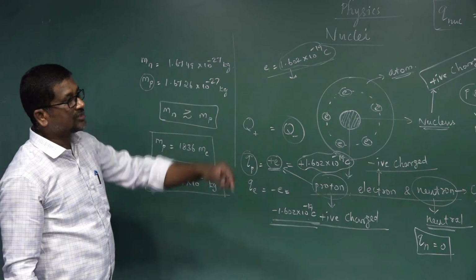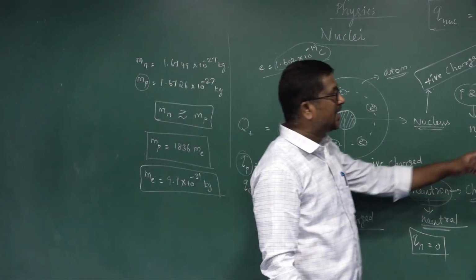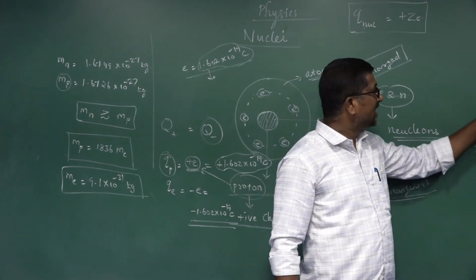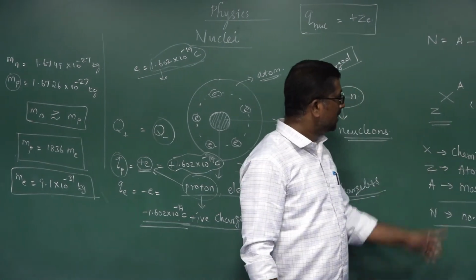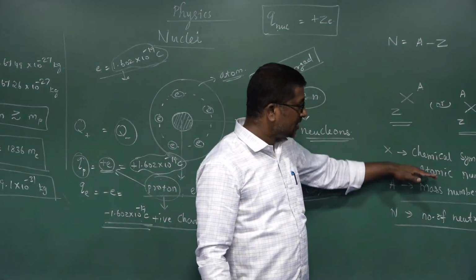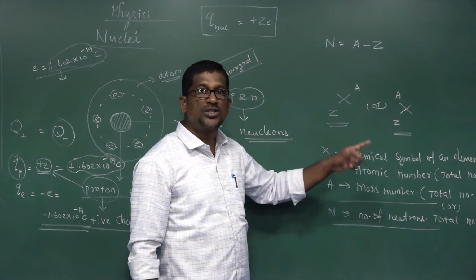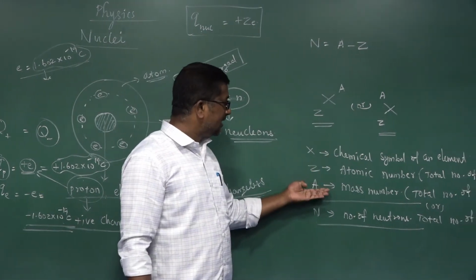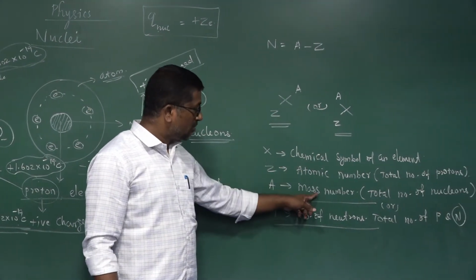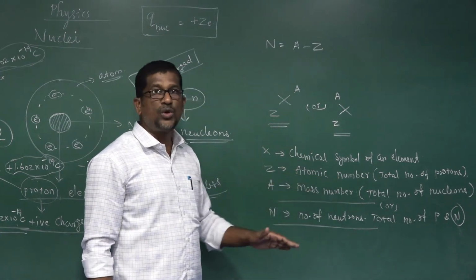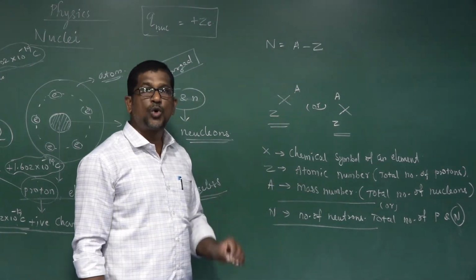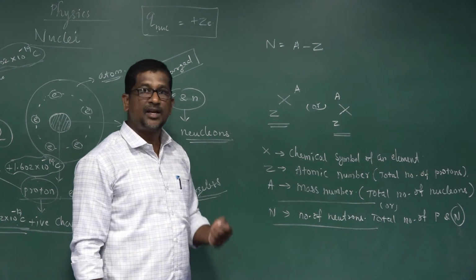And the nucleus of any element is represented by X with subscript Z and superscript A. X is the chemical symbol of an element, Z is the atomic number. What is atomic number? The total number of protons present in the nucleus. And A is the mass number. Okay, mass number means the total number of nucleons, or the total number of protons and neutrons present in the nucleus.